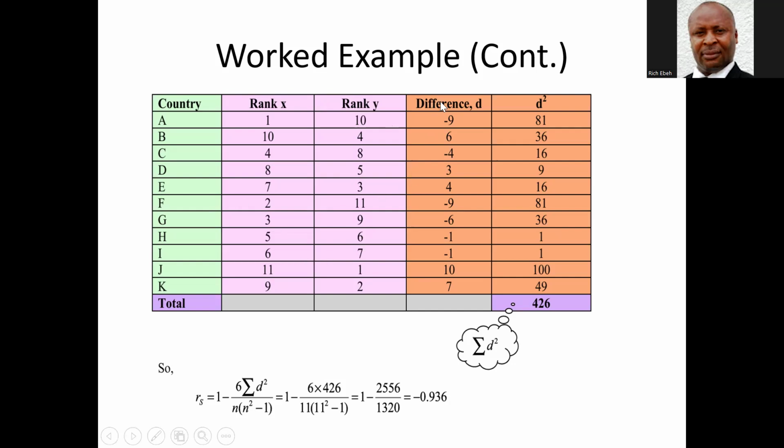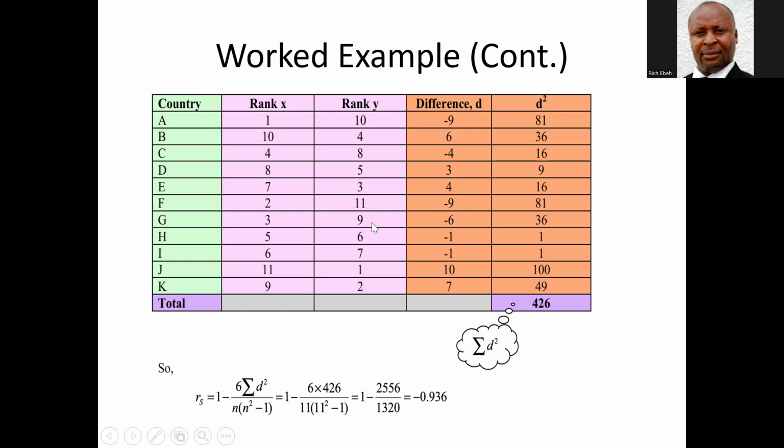And then the next thing to do is to find the difference. To find the difference, you subtract rank Y from rank X. That means 1 minus 10 will give you minus 9. And then 10 minus 4 will give you 6. 4 minus 8 will give you minus 4. 8 minus 5 will give you 3. 7 minus 3 will give you 10. 2 minus 11 will give you minus 9.